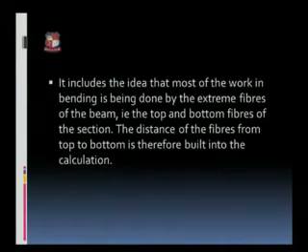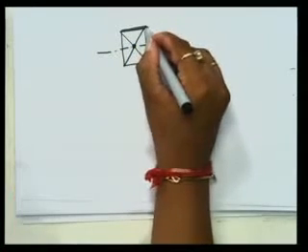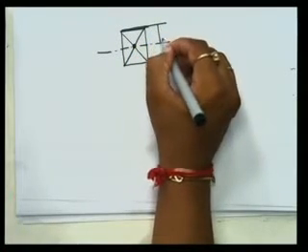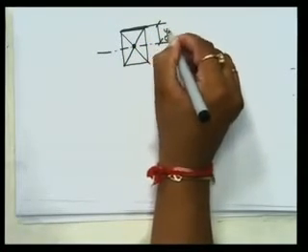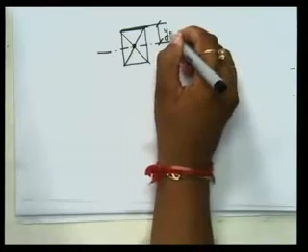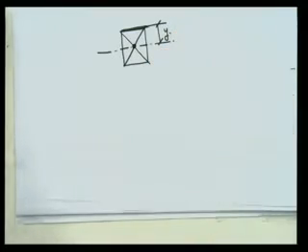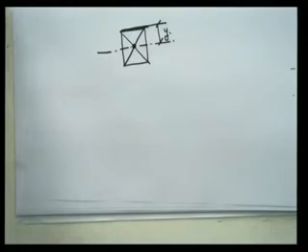You can see over here, when we are finding out the values of bending stresses, we are using one term, that is the distance of the extreme layer with respect to the neutral axis, right? So this is the extreme layer, and the distance of this extreme layer with respect to the neutral axis is nothing but y. So this y plays a vital role when we are calculating the value of section modulus.